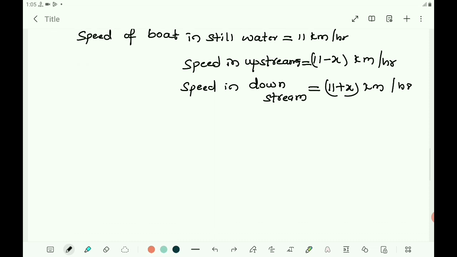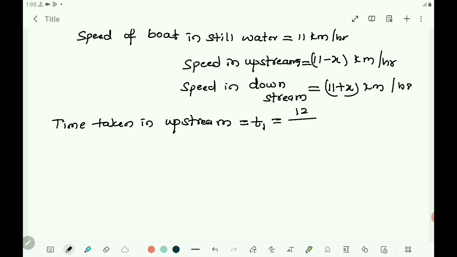Now, time taken. Time taken in upstream, let us take it as T1, equals distance by speed. Distance is 12 kilometer, and in the upstream the speed is 11 minus x. So 12 by 11 minus x. And time taken in downstream, take it as T2, is 12 by 11 plus x.